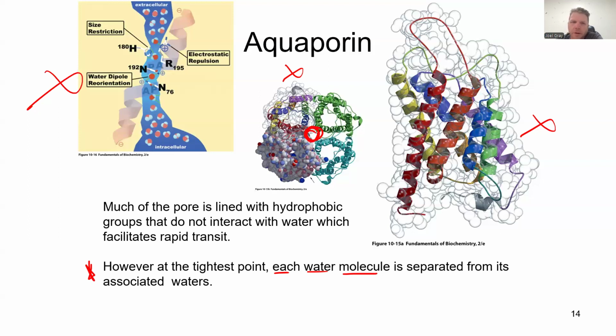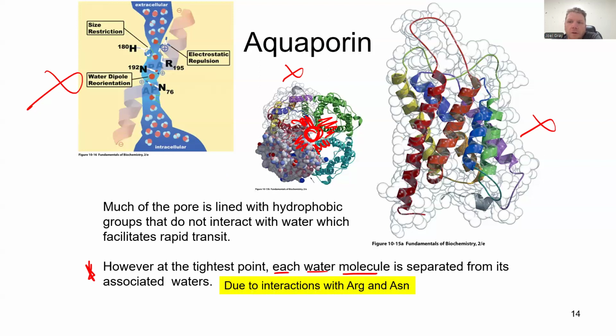The cool thing about it is that the amino acids that make up this surrounding region here, here, here, and here have properties that are going to attract and repel water molecules so that you can make a single file line of water molecules.